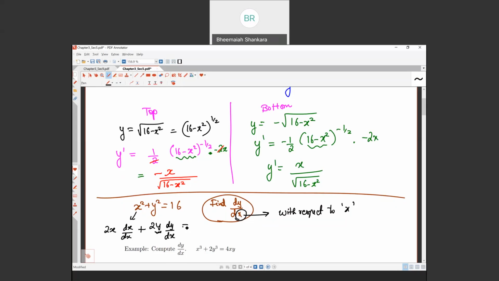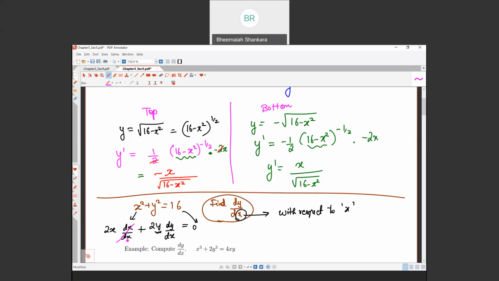Then you have 16, differentiate 16, you have 0. But we know that dx over dx is 1, so it was okay not to write the dx over dx. You're differentiating x squared, which is a function of x, with respect to the variable x. So even if you differentiate x again, you will see that term becomes 1.